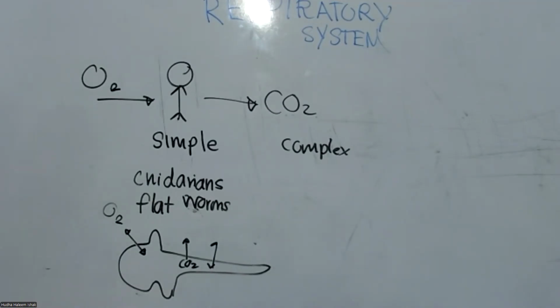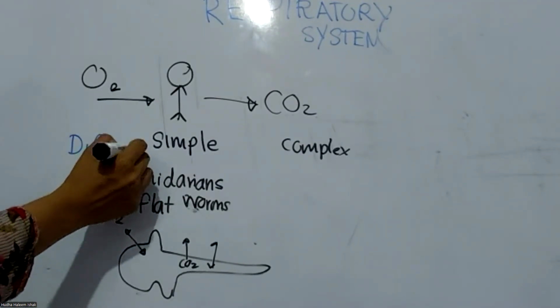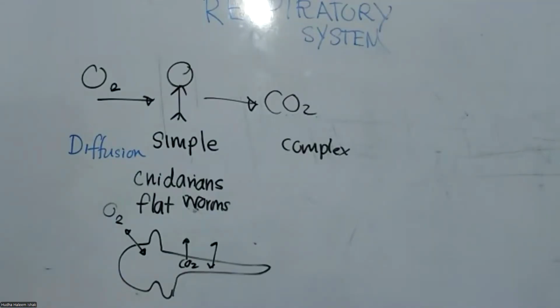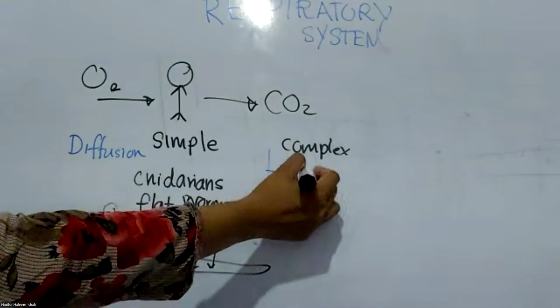But in simple animals, the respiration was always done by diffusion. These complex animals are now developing different types of respiratory surfaces. So gills are one example.